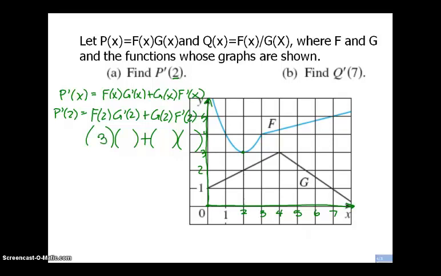The slope on the function g at 2, I could use these 2 points right here. We have a rise of 1 and a run of 2. So that slope's 1/2. The output of the function g at 2 is 2. And the slope on function f at 2 is 0. So p prime of 2 is 3/2.